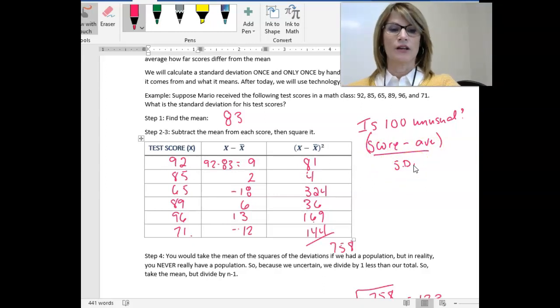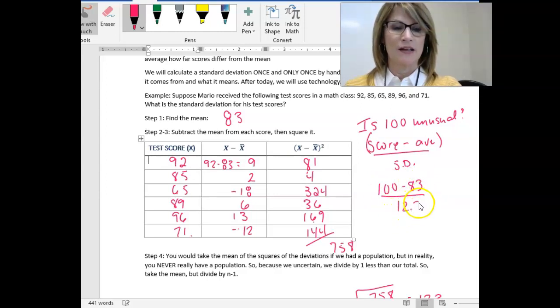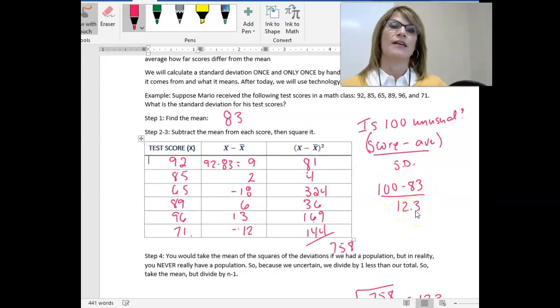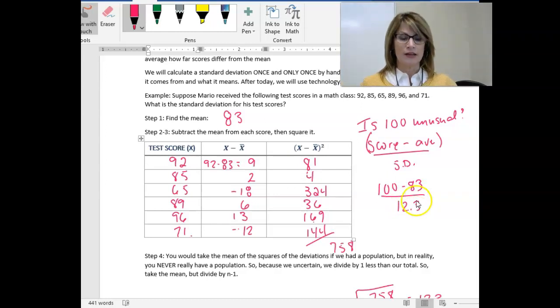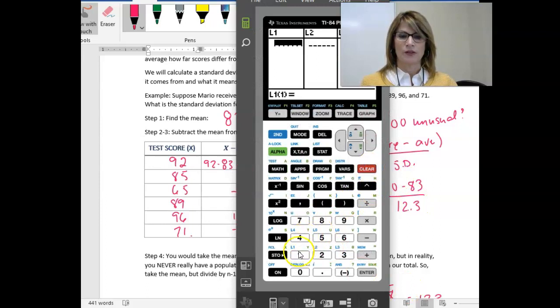Okay, 100. 100 minus the average divided by the standard deviation, and that will tell you how many standard deviations above the mean 100 is. 100 minus 83 is 17.